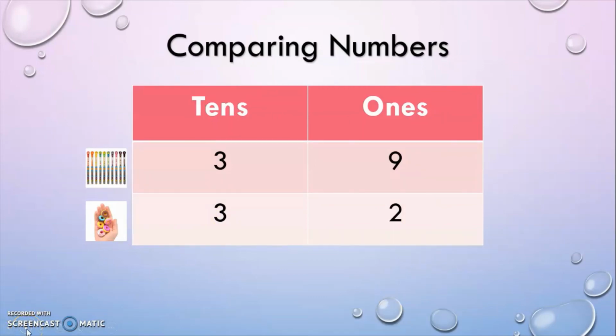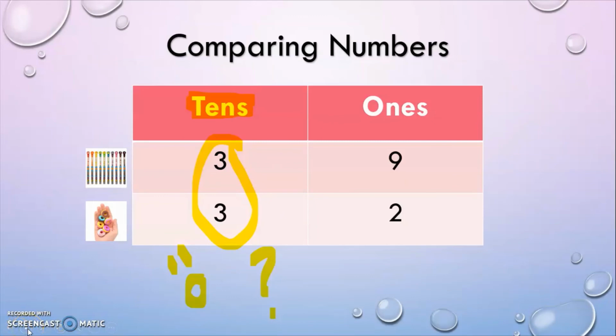Awesome. Let's say I want to know, I'm just curious, I want to know which one costs more. Which one is going to be more expensive, or greater? So I'm going to start on my 10 side. And I look, uh-oh. Do you see what I see? Those tens are the same.